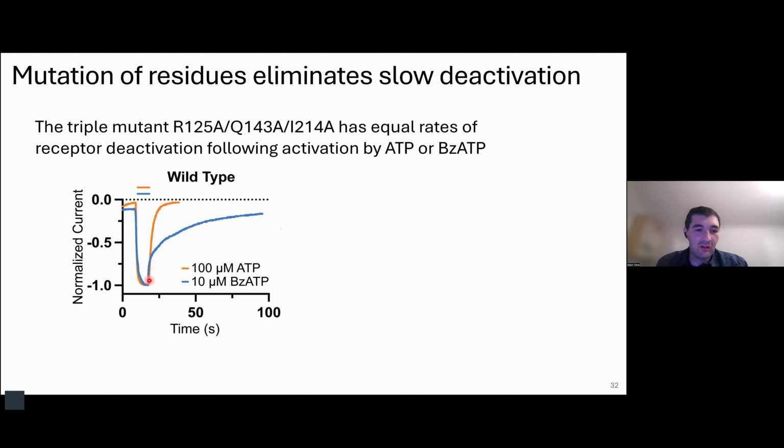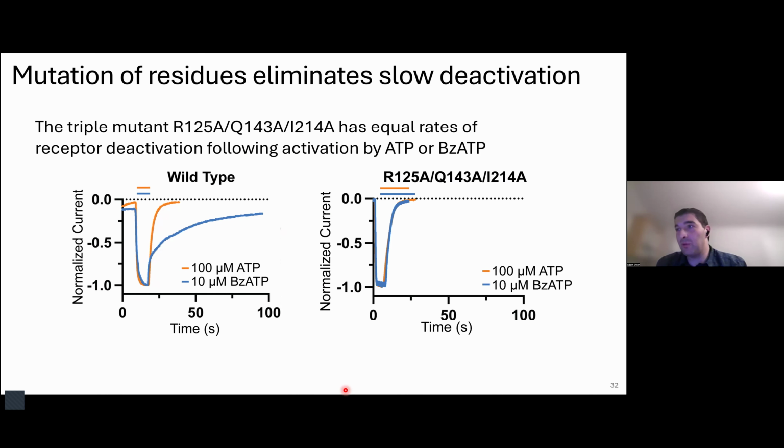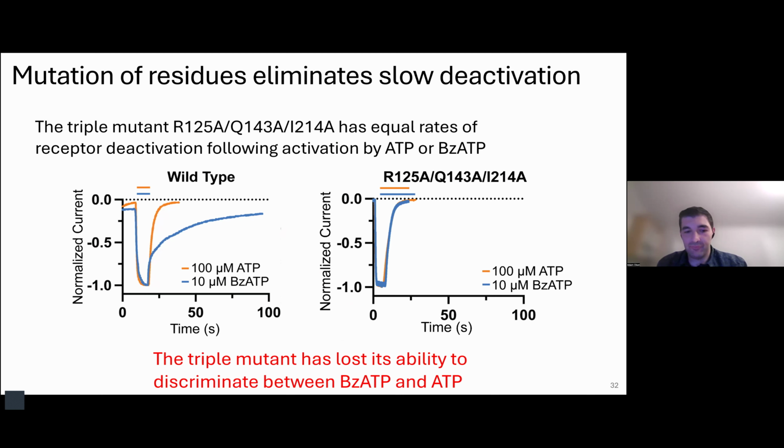So remember again, after activation by ATP, we see a fast deactivation, but BCHP sees a slow one. And again, we see the triple mutant has equal rates of receptor deactivation following activation by ATP or BCHP. So the triple mutant has now essentially lost its ability to discriminate between ATP and BCHP.